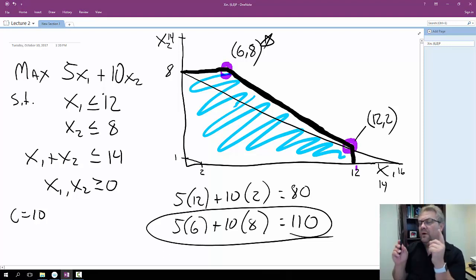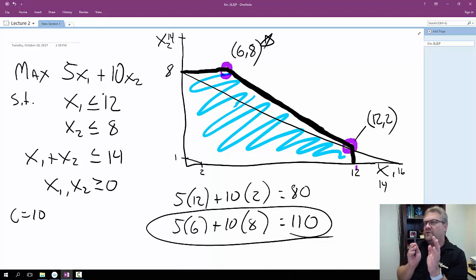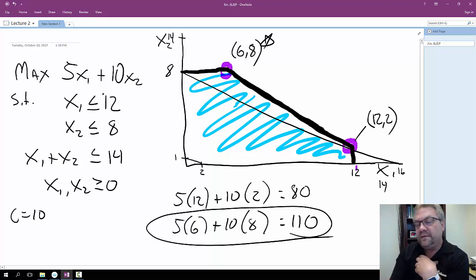Okay? Now I want you to keep this in mind, because in my 4th video, when I show you what happens when the objective function cannot be optimized, what you're going to see is that the slope of the objective function is actually parallel or the same slope to one of your constraints, right?